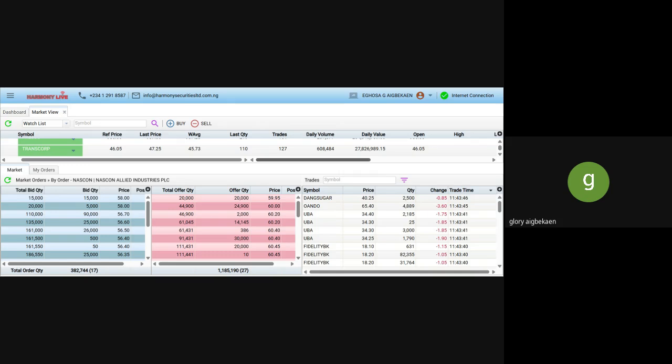The banks are gradually recovering, if you are following.